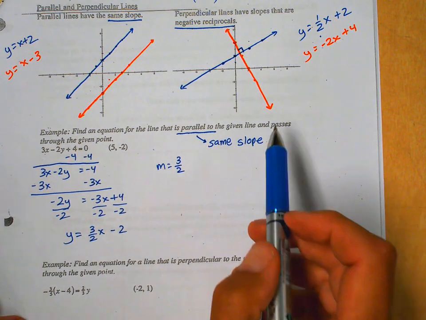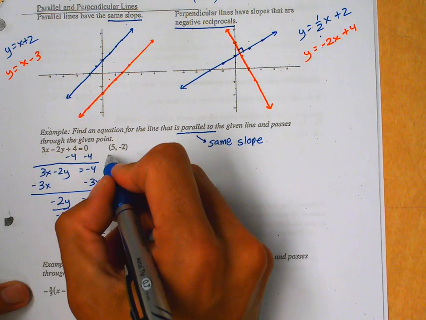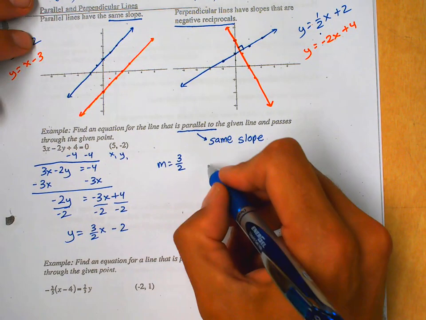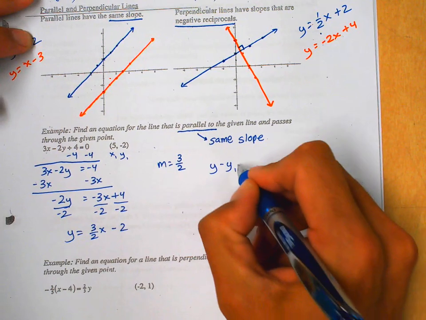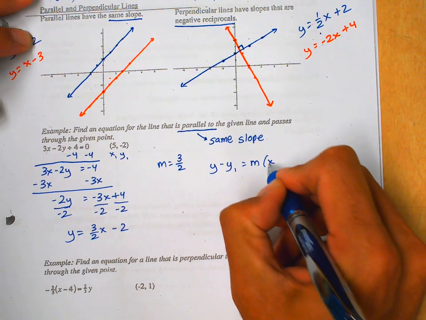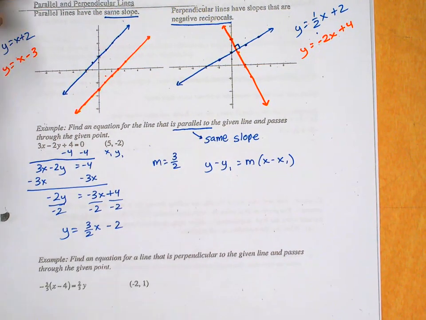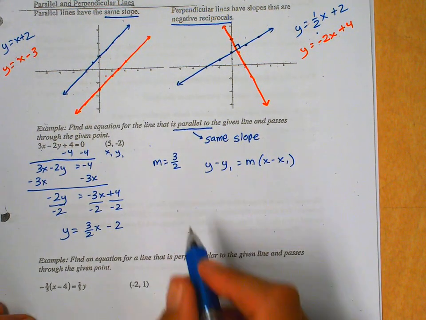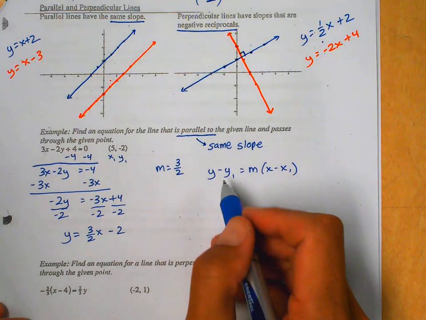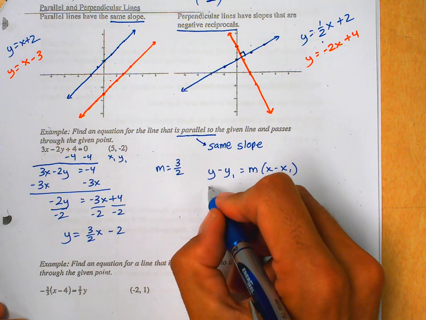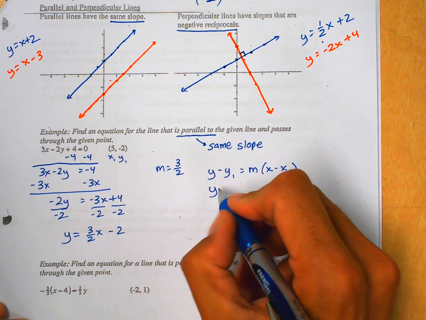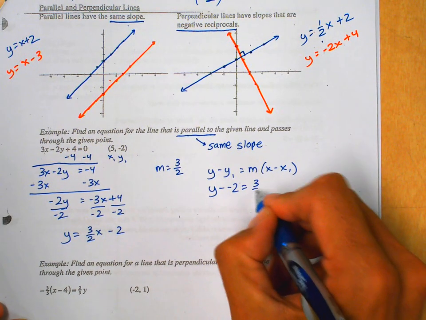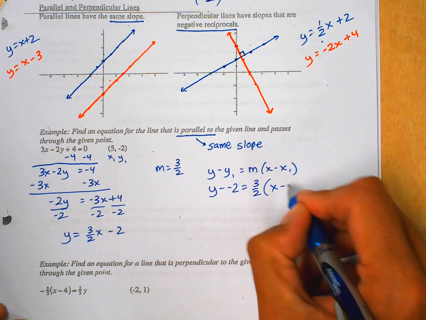And it passes through the given point, so we have our x1 and y1 here. So we're going to use the point-slope formula. y minus y1 equals m times x minus x1. We're going to go ahead and plug those values in. So y minus y1, that's going to be y minus negative 2 equals 3 over 2 times x minus 5.